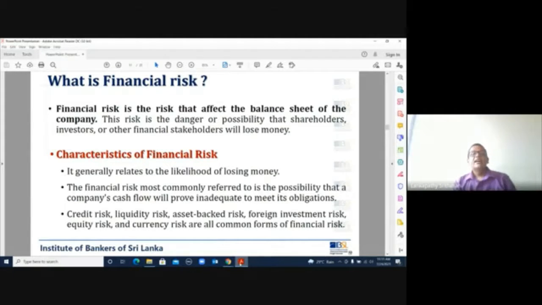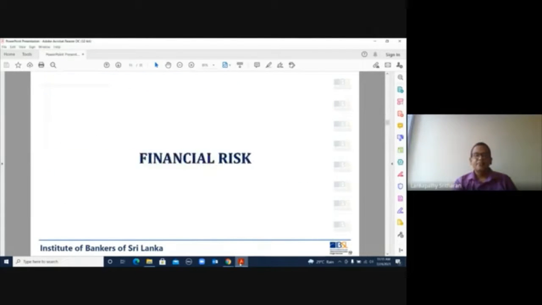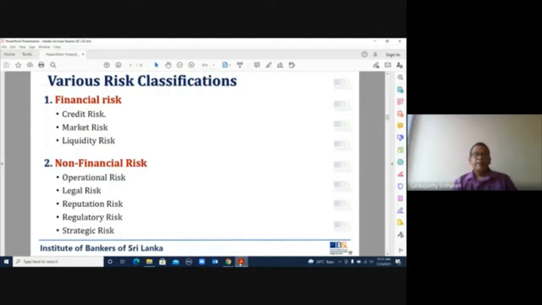There are some other risks which are non-financial risk, which are other than these three risks. All other risks are called non-financial risk. For non-financial risk, you can't limit the type of risk.